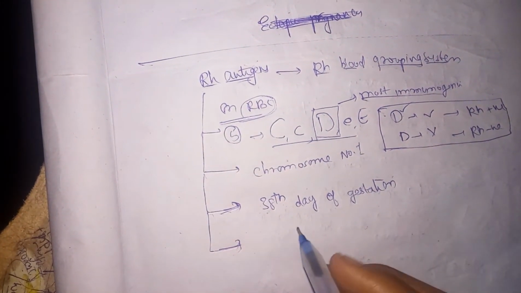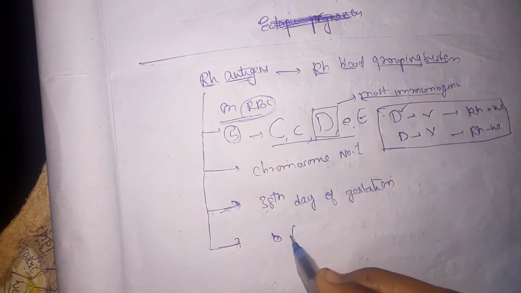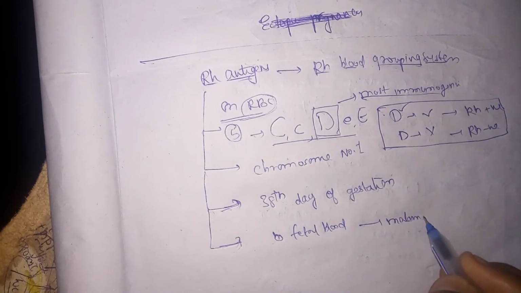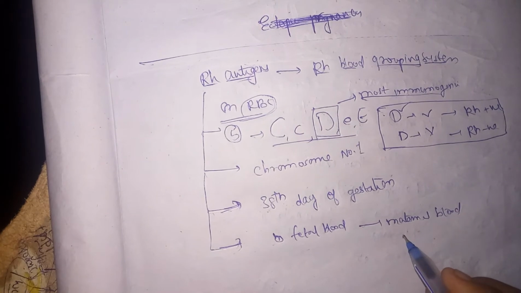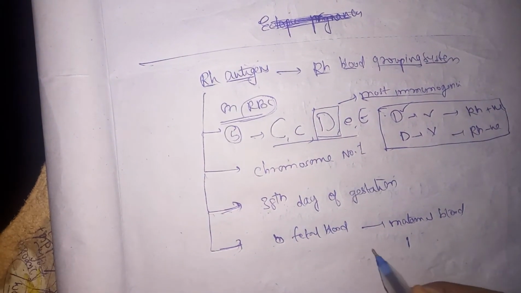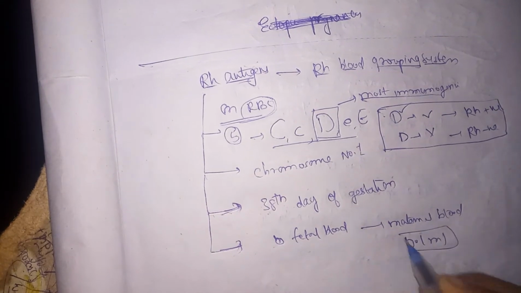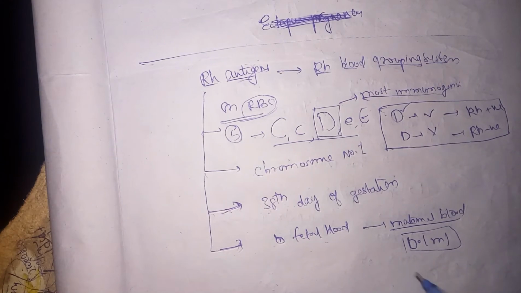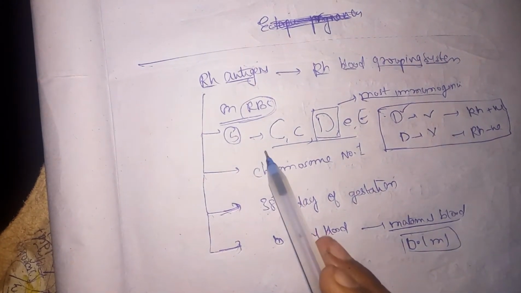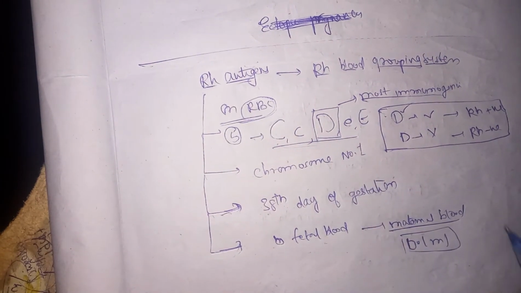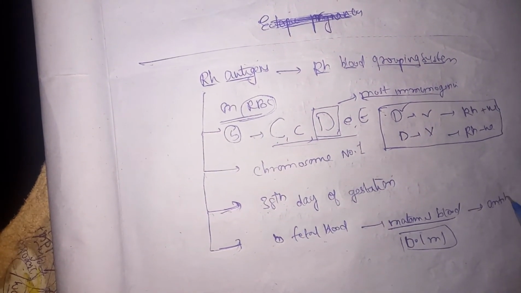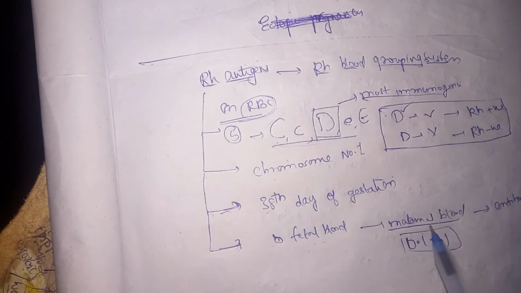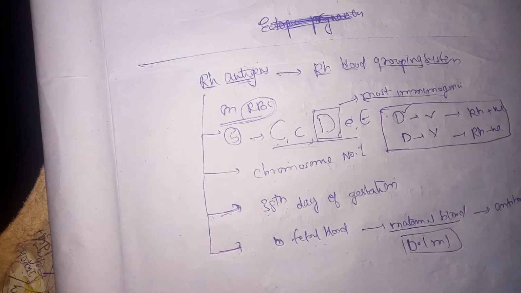When there is transmission of fetal blood to maternal blood, if at least 0.1 ml of fetal blood is transmitted to maternal blood, then antibodies will be formed against these antigens in the maternal blood.